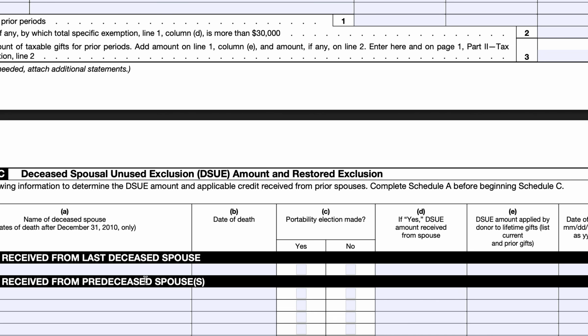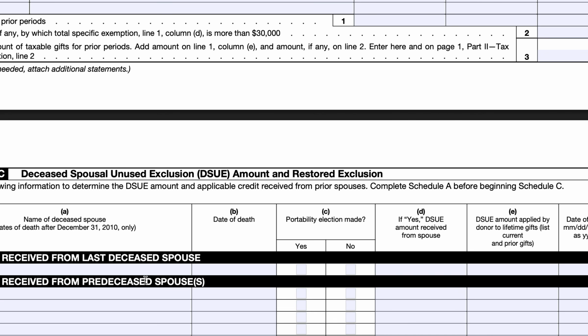The restored exclusion is a very similar exclusion. It applies to a certain period of time for same-sex couples that would not have been eligible for the spousal unused exclusion amount when the law first passed allowing this.